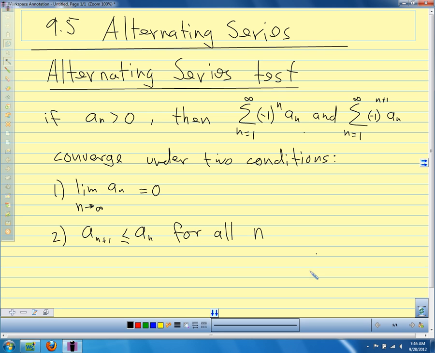Let's look at a couple of examples of using this test. I'm not going to go through the proof of the alternating series test, but essentially it has to do with the sequence of partial sums being bounded and monotonic. It's what these conditions guarantee. So let's look at a couple of examples.